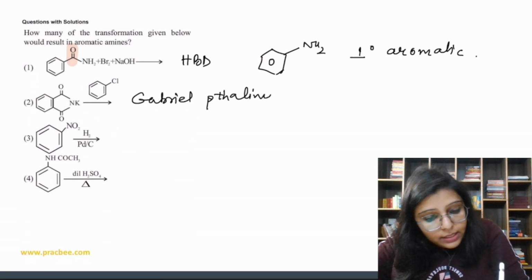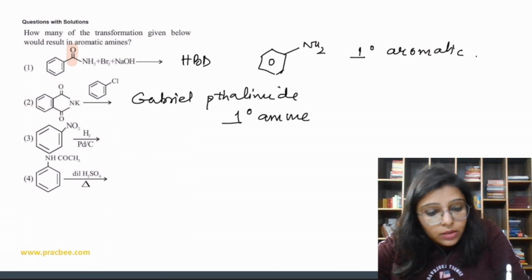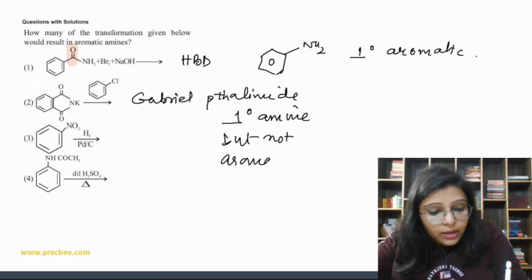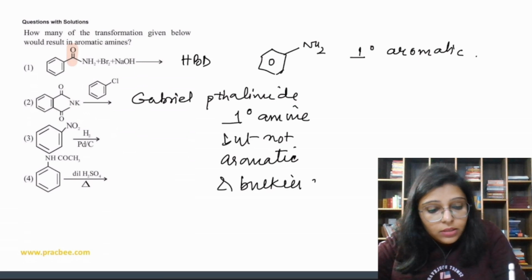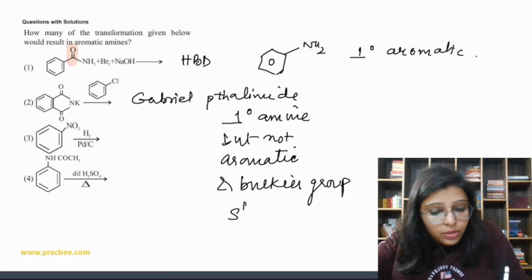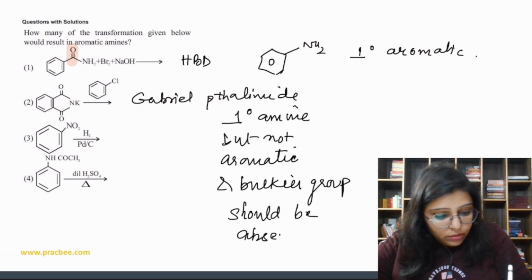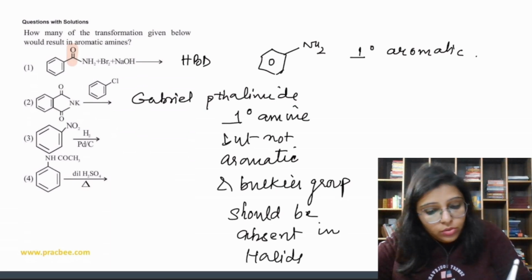Gabriel phthalimide synthesis is also used to prepare 1 degree amines, but not aromatic. Aromatic and bulkier groups should be absent in the halide part. So no reaction.